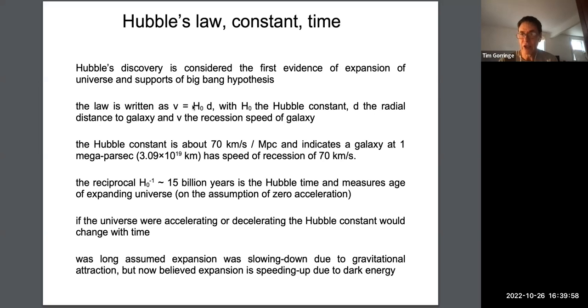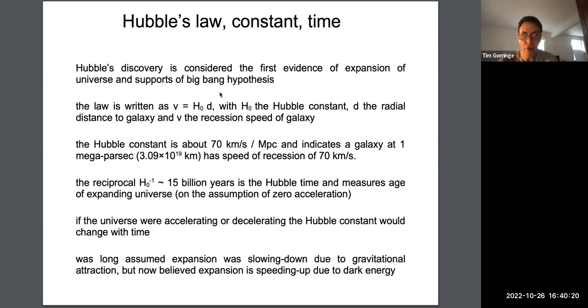That's determined by making a plot of the recession velocities versus the galaxy distances, and fitting a straight line to that plot. The straight line intersects with the origin, and the slope tells you the Hubble constant.